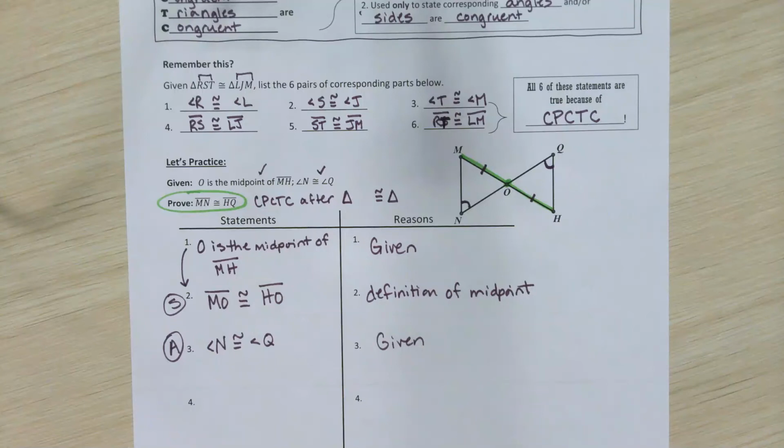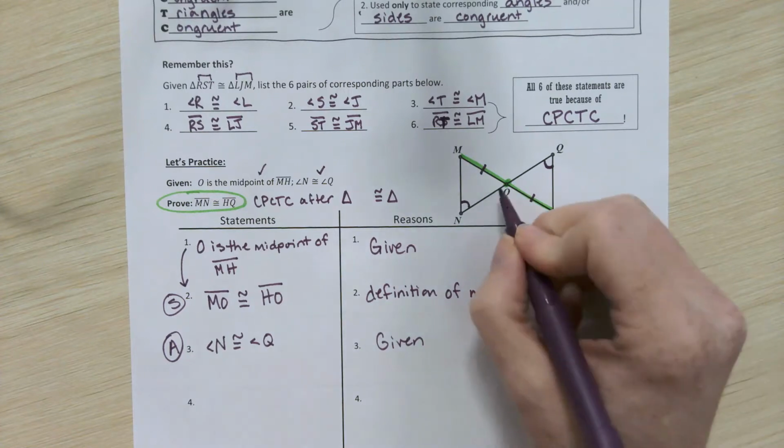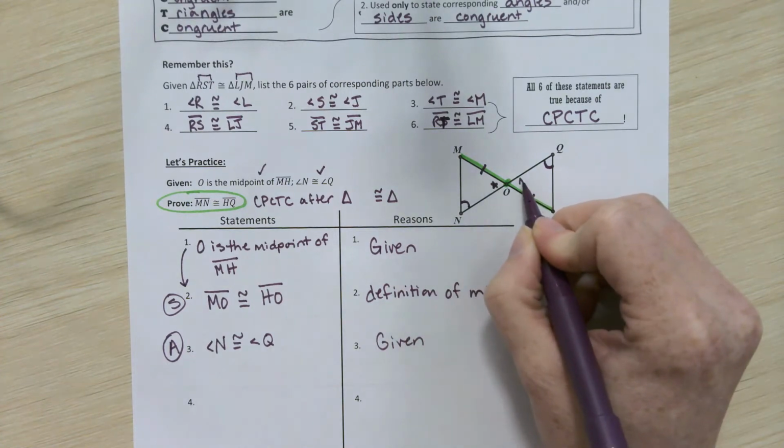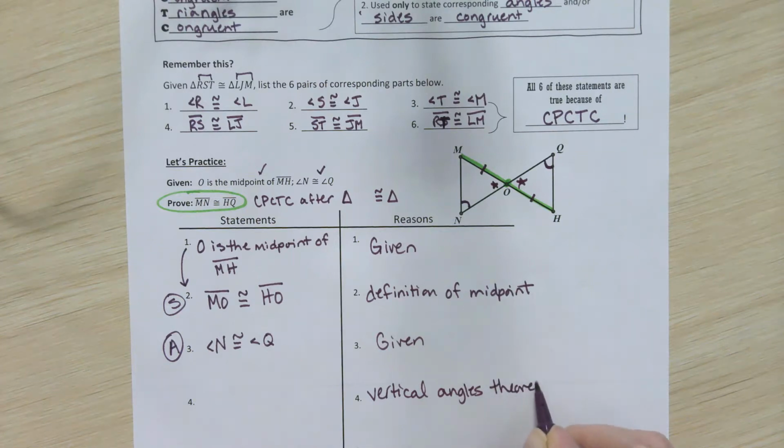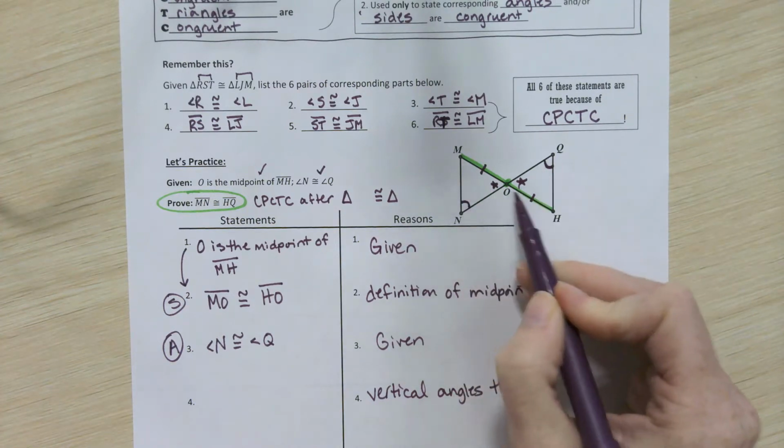The two things I can notice from a diagram are that shared side, reflexive property, or vertical angles theorem. I see vertical angles right here in the middle. So vertical angles theorem will be my reason, and I need to carefully name those angles since there are going to be 3 letters involved.